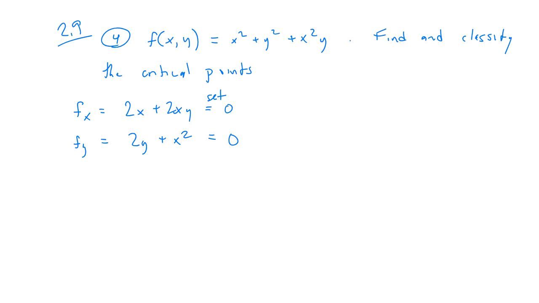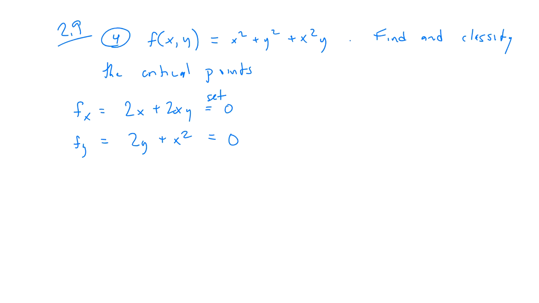And then figure out what points will make both the equations equal to 0 at the same point. And so this one is somewhat similar to the one we did on Thursday, I think. So the easiest way to do it is to solve for one and then plug into the other.